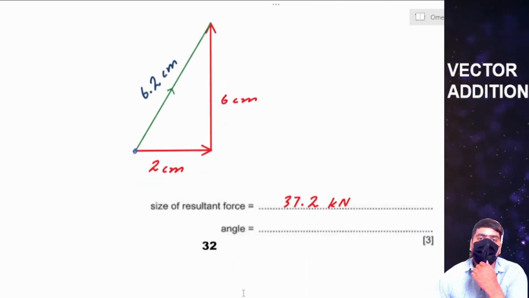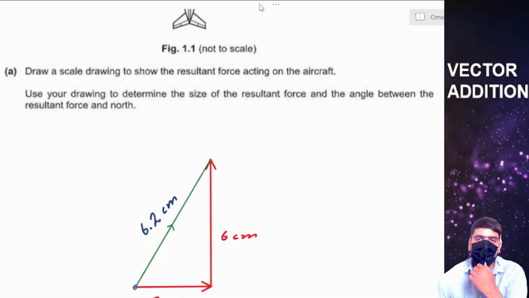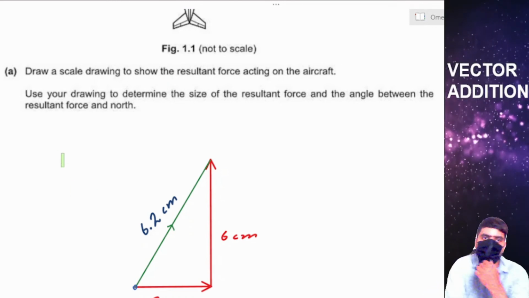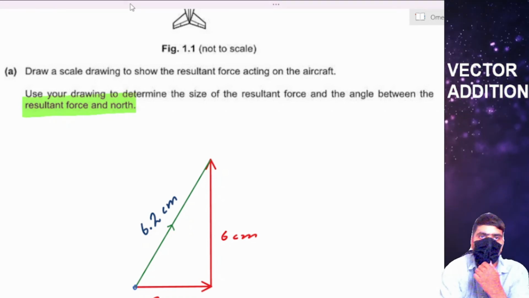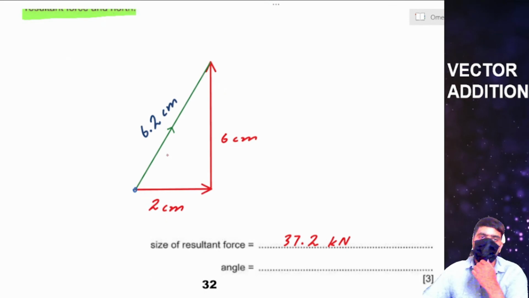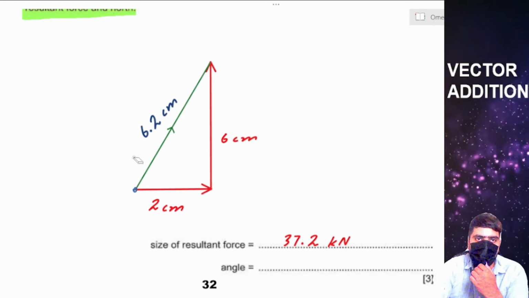Alright, so the next step was we have to find the angle between the resultant force and north. So north is like straight up.